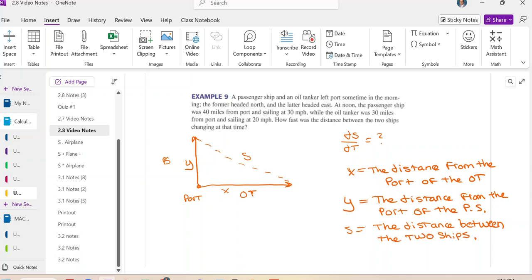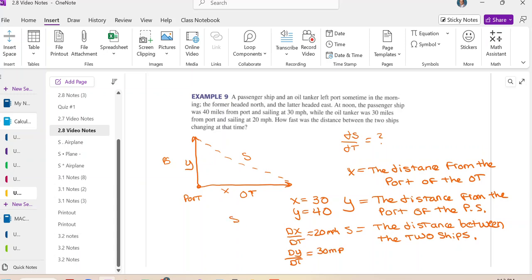Okay, so we know x is equal to 30. We know y is 40. We know dx/dt is 20 miles per hour, and we know dy/dt is 30 miles per hour.